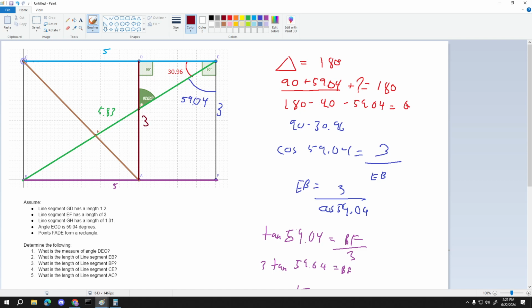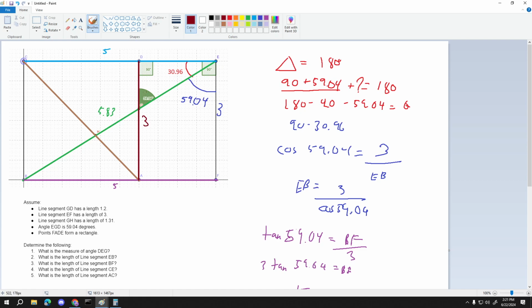The thing is, we don't know CD, but we know that CD is CE minus DE. We have CE, which is 5, right? We did that already. Well, what is DE?